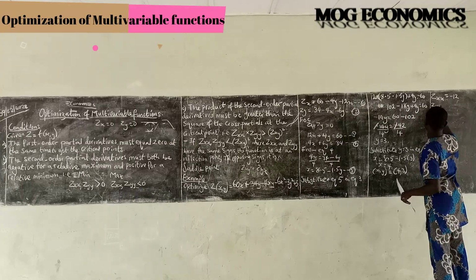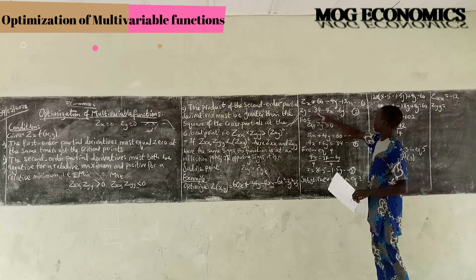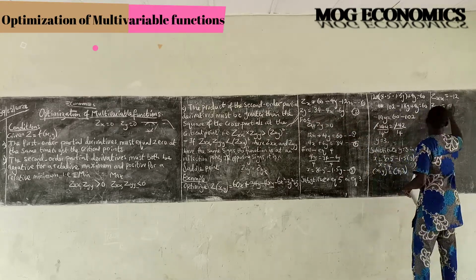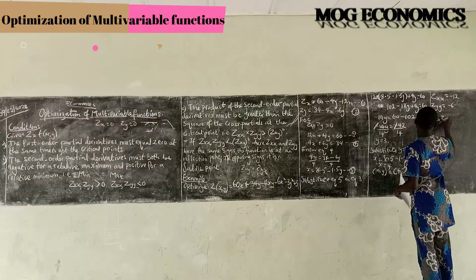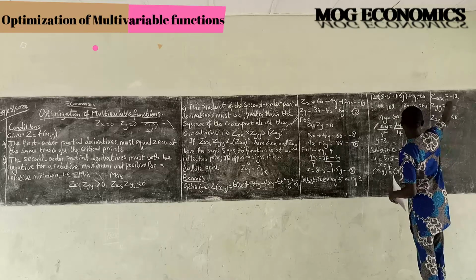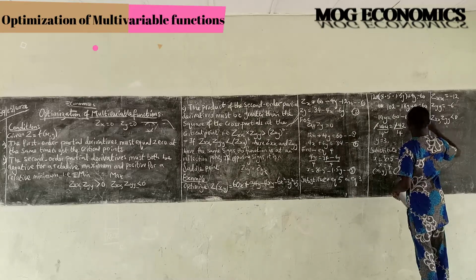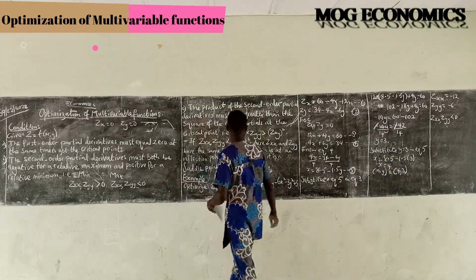Then zyy is zy with respect to y, which is minus 6. So you can see that both zxx and zyy are lesser than 0, because they are both negative. If they are both negative, you have a relative maximum.